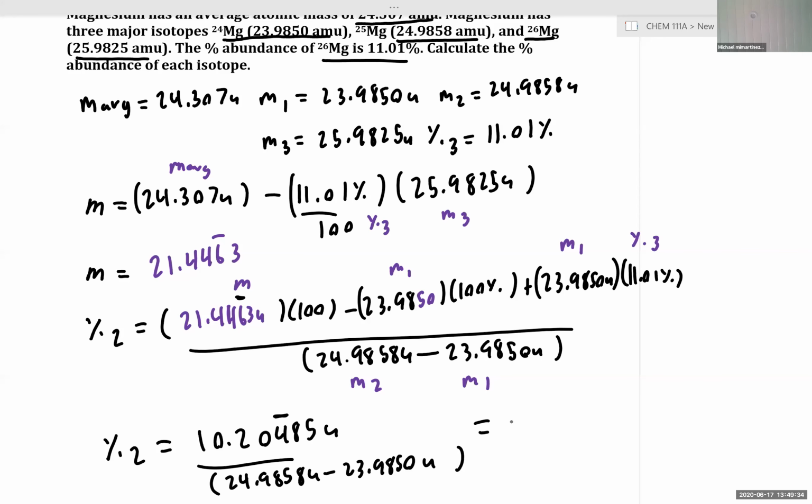And if we punch that in our calculator, we end up with 10.20485 over 1.0008.